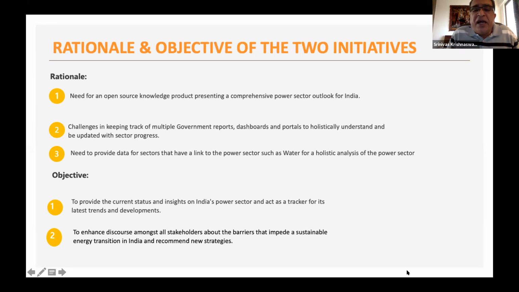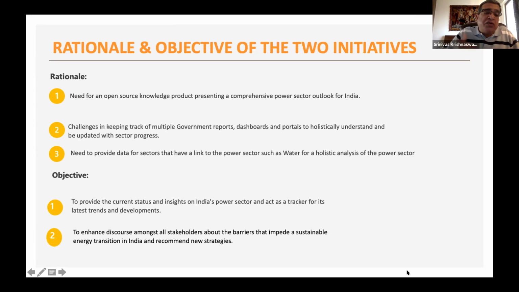And as I said earlier, a need to provide data that is very holistic, and, as others also spoke, drawing a link between power generation and other sectors such as land, water, forests, and so on.